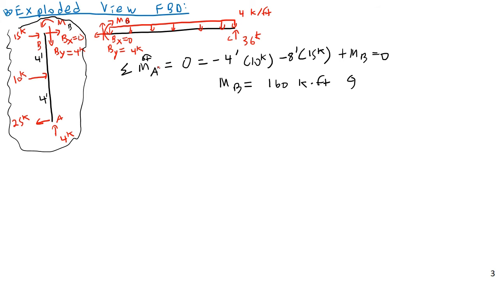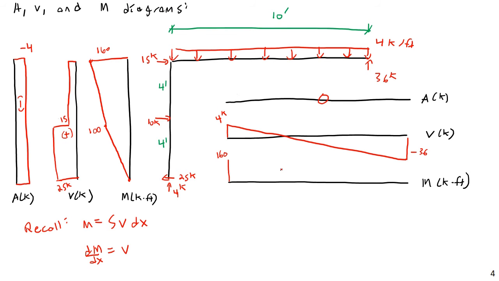On the beam, a clockwise moment applied to the outside of it is effectively a negative moment. But as we've discussed before, if you apply a negative moment to the outside of a beam, it's going to cause an opposite internal reaction. So that means the internal moment on our beam BC is going to start out at +160. Then, let's see, it's going to increase.